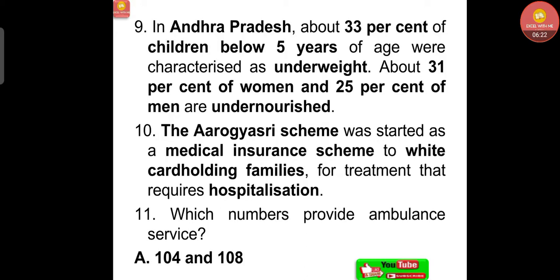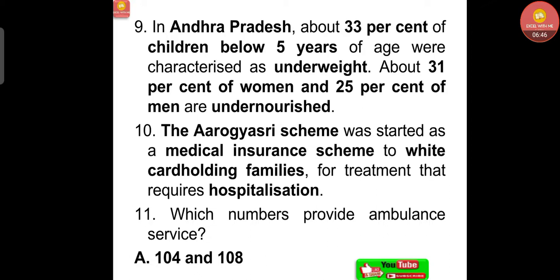Now, in Andhra Pradesh, about 33% of children below 5 years of age were characterized as underweight. About 31% of women and 25% of men are undernourished. This can be asked as statements. Find the correct statements or wrong statements, like that you can get the question.